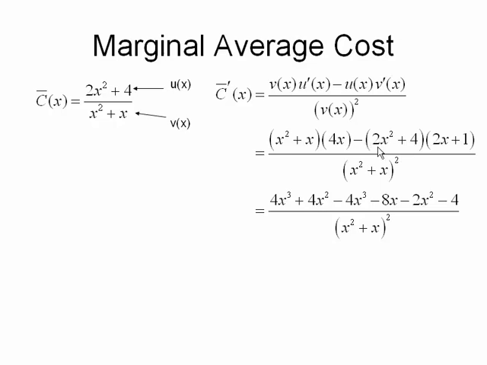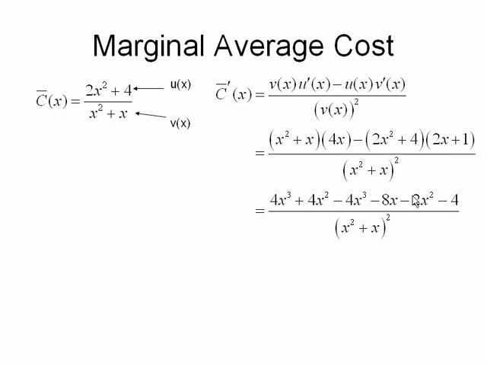So first times first, 2x squared times 2x will give me 4x cubed, which I need to subtract. My outside term is going to be 2x squared times 1, which I need to subtract. My inside term will be 4 times 2x, which I need to subtract, so that's 8x. And then last times last, 4 times 1, when I subtract that, I get subtract 4.